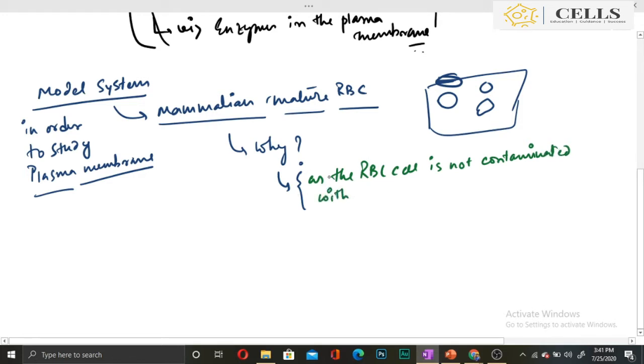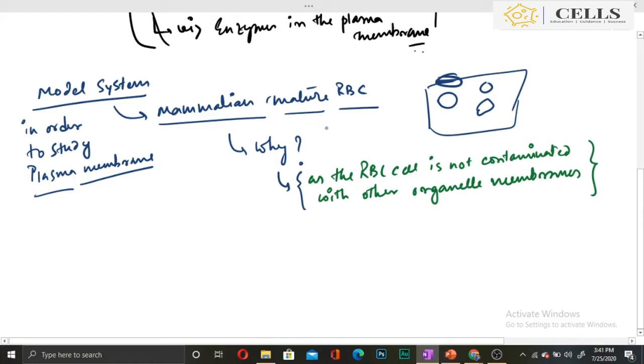It has only the plasma membrane, because it doesn't have any other organelles as well as the nucleus. So the only membrane we will be getting is your plasma membrane.